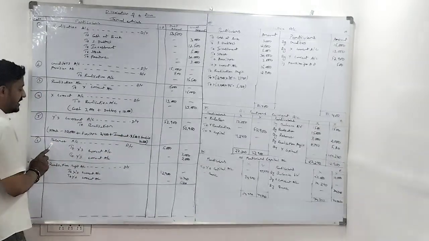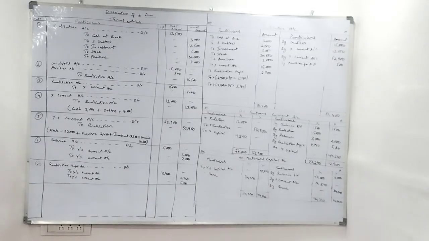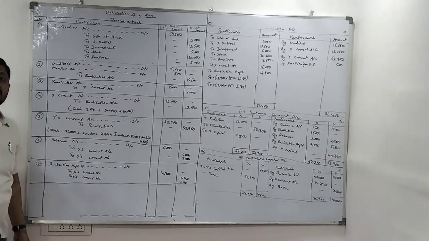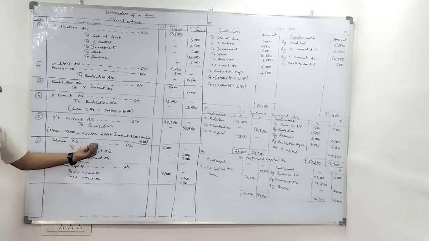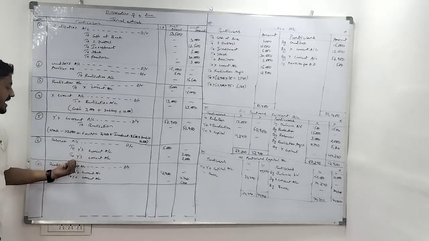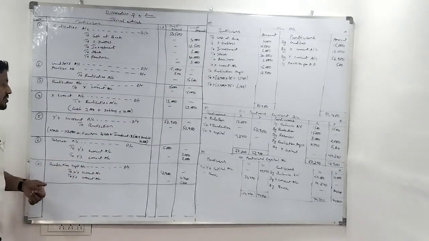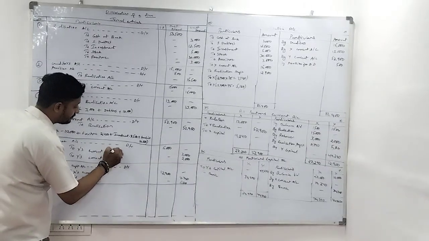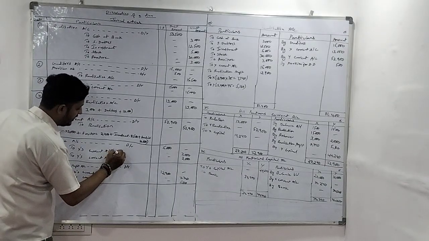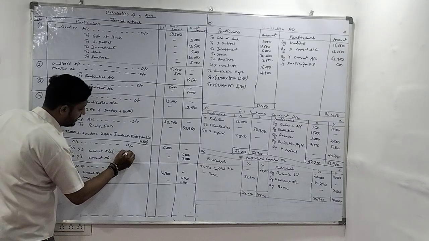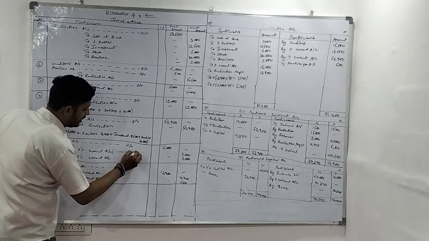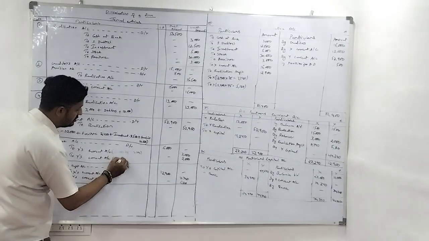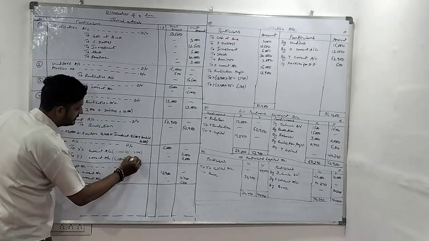And after that, realize reserves. Reserves are going to be distributed as per the sharing ratios. The sharing ratios are already given in the question in the first text, 3:2. So realization account debit to X current account and Y's current account as per the sharing ratios. For example, 5,000 into 3 by 5 is equal to 3,000, and 5,000 into 2 by 5 is 2,000.